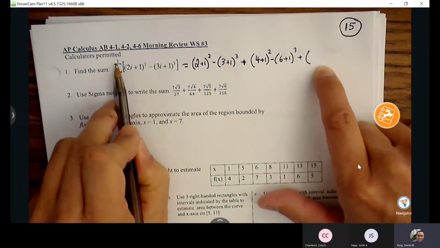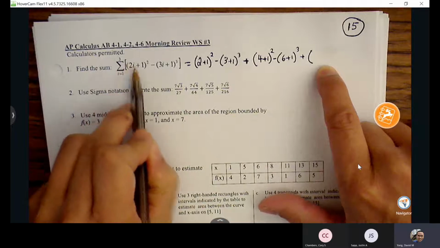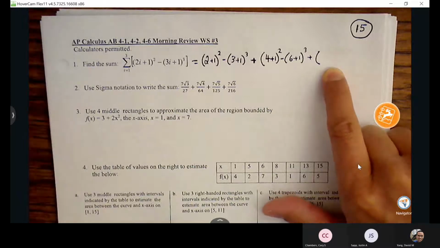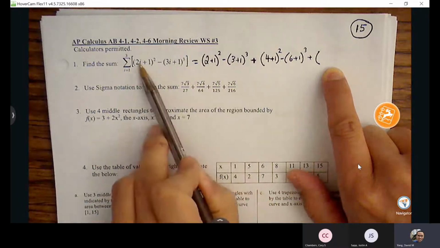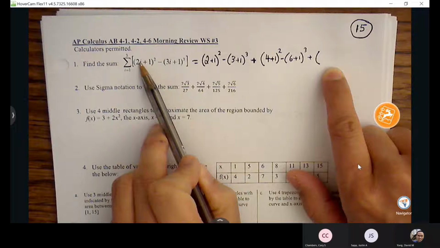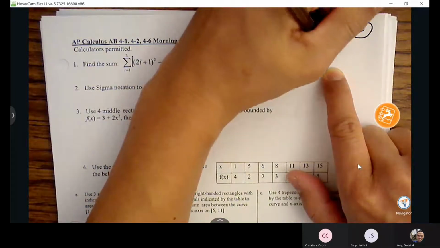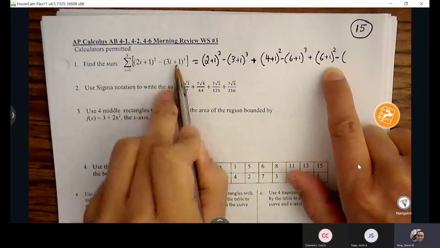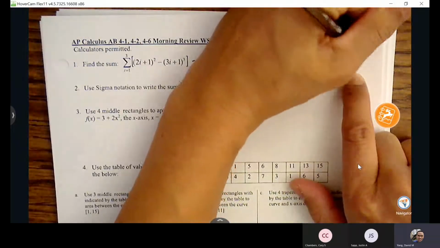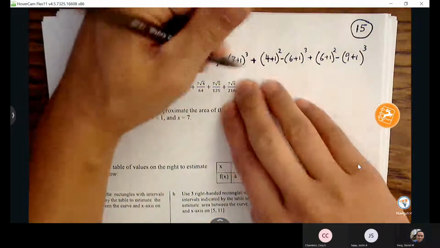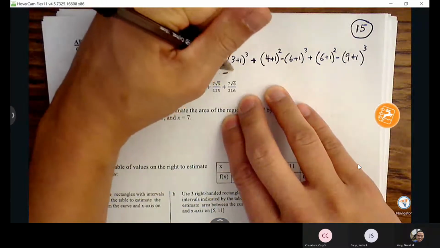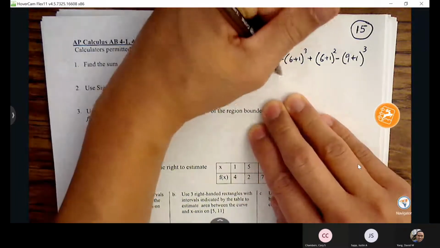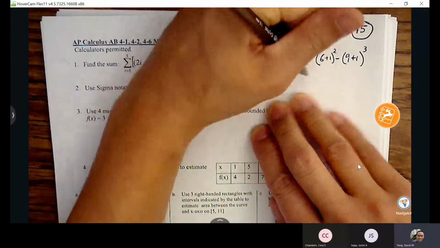And then finally, the last value we plug in for I is 3, because 3 is the upper bound. 3 goes in here, so 3 times 2 is 6. We have the cube that's really pushing the values out to be really large.